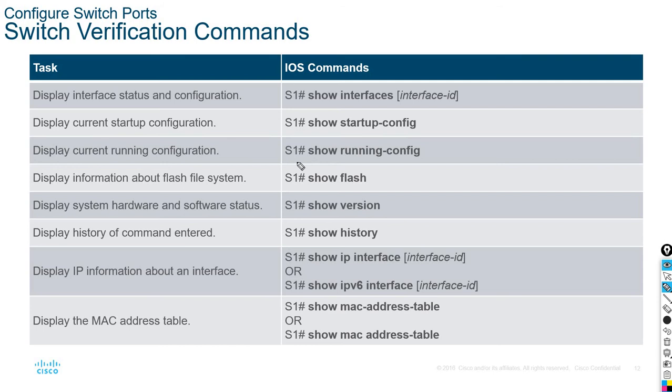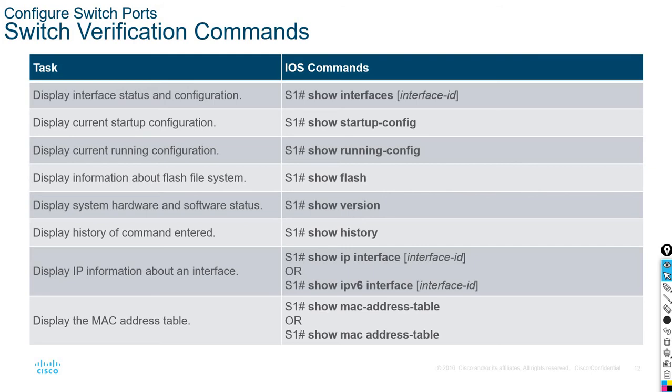And to display the running configuration, we are using show running-config. And to display information about the file system, the flash file system, show flash, and to display system hardware and software status we are using show version.